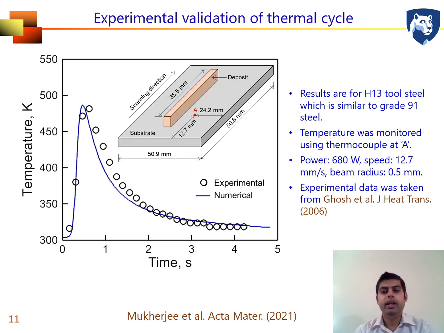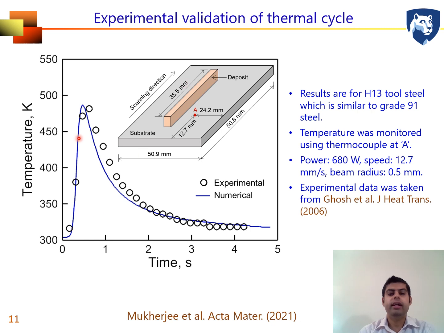We compare the computed thermal cycle with the experimentally measured thermal cycle, and this is done for H13 tool steel, which has similar properties to grade 91 steel. This is the computational domain, and we are depositing a single track, and temperature is measured at location A as shown in this inset.